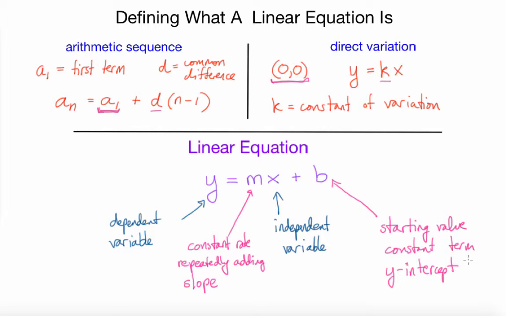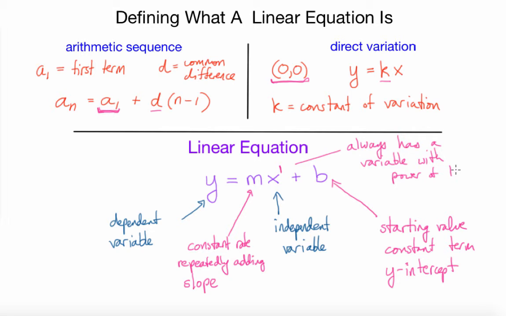So there we go, that's a linear equation. Something else that specifically makes it a linear equation is that my independent variable, this x value, is always to the first power. We don't write the 1 there, but a linear equation always has a variable to the first power.